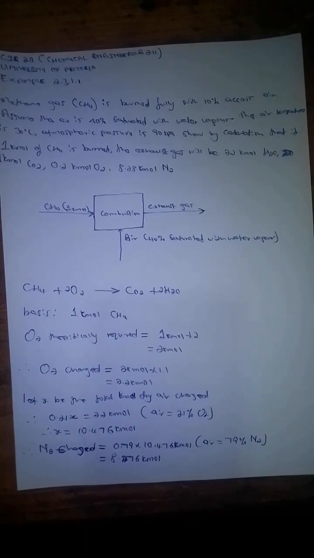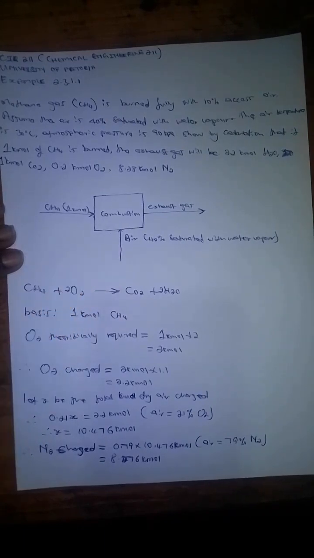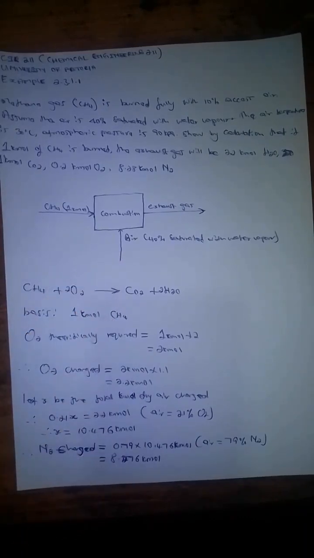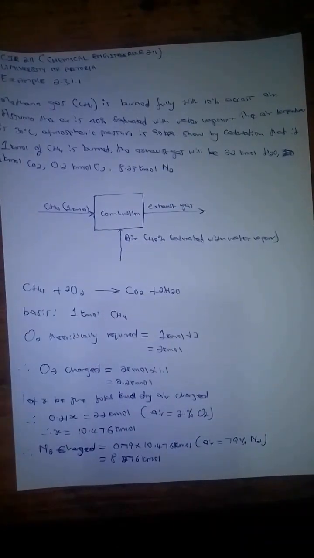So now we were able to find out how much oxygen was in the air and how much nitrogen was in the air, right? And as a result, we know how much total air was charged when we exclude the water vapor that was charged along with the air.